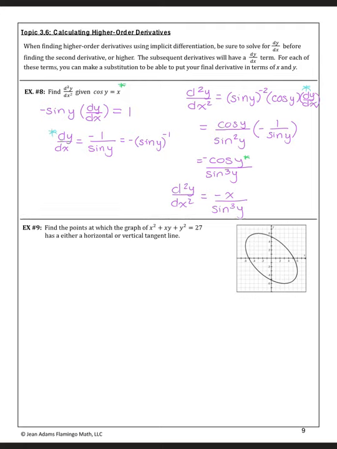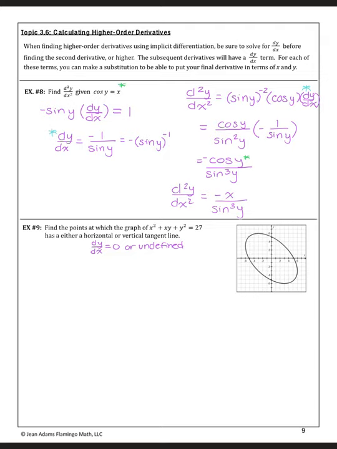All right, last example. Find the points at which the graph of this ellipse has either a horizontal or vertical tangent line. If we have a horizontal tangent line, it means that dy dx is equal to 0. If it's a vertical tangent line, that means that the derivative is undefined. So first things first, we have to find the derivative.